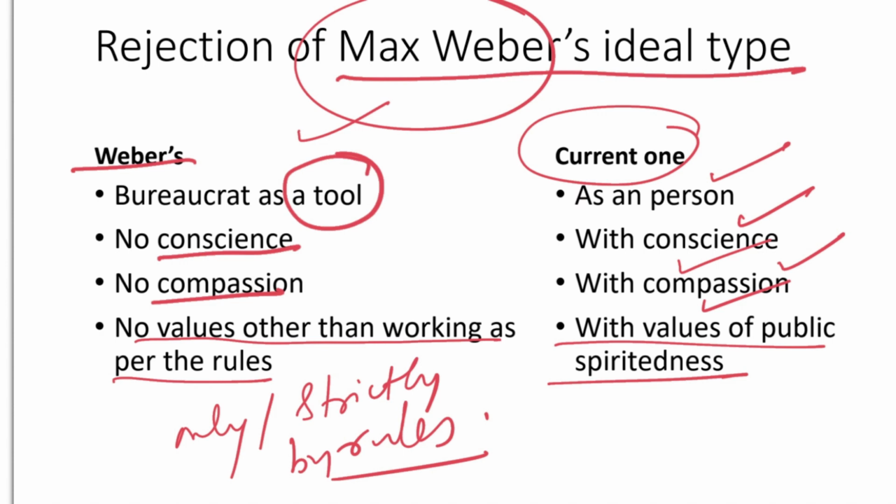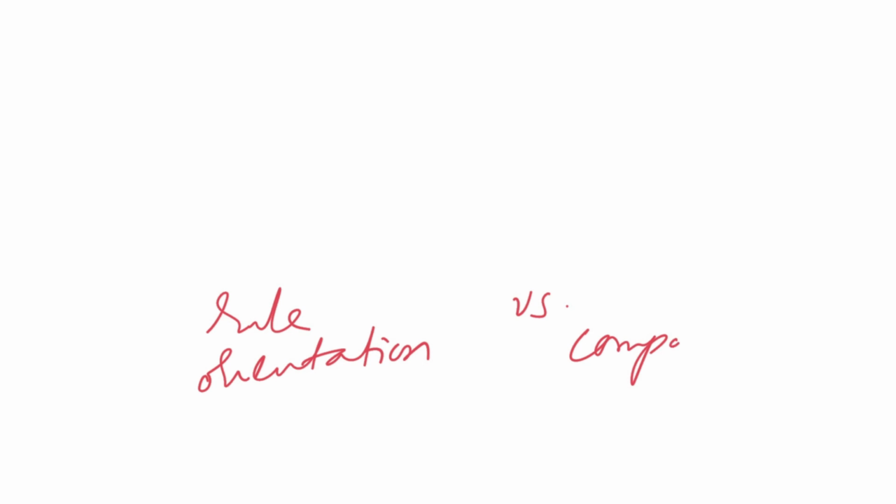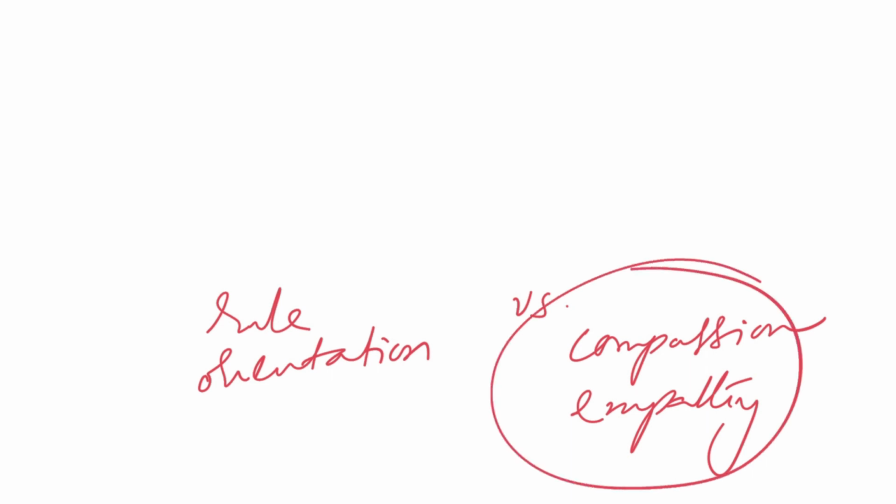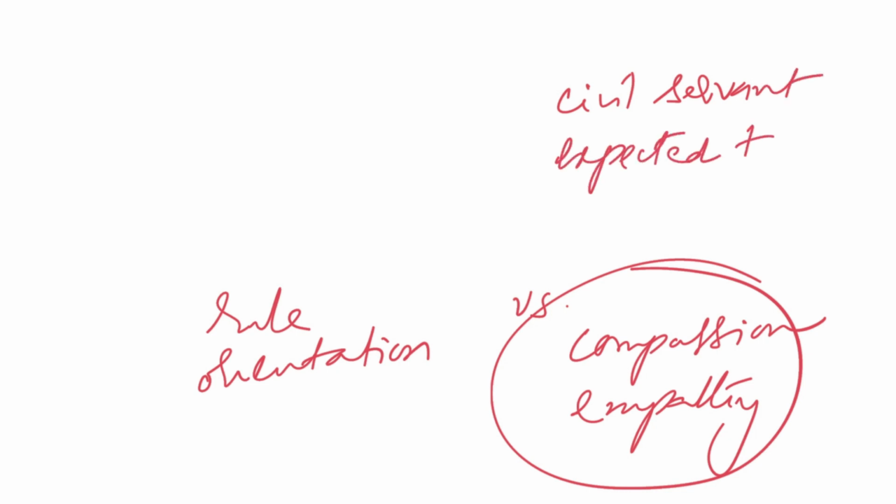So it is rule orientation versus compassion and empathy, which a civil servant is expected to have.